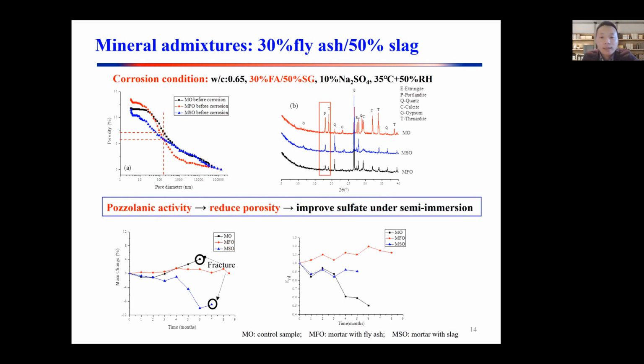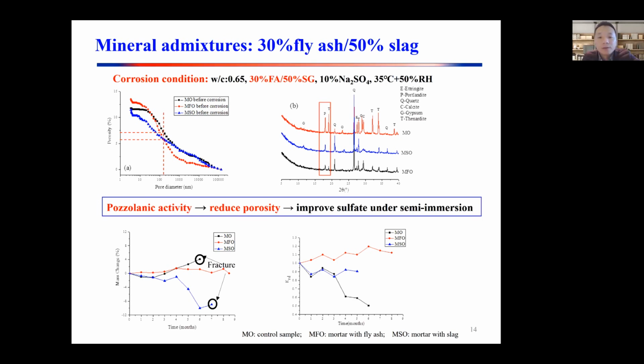We also studied the effect of mineral admixture on sulfate corrosion of cement mortar. The results show that the addition of fly ash and slag can improve the resistance of mortar under semi-immersion in sulfate.